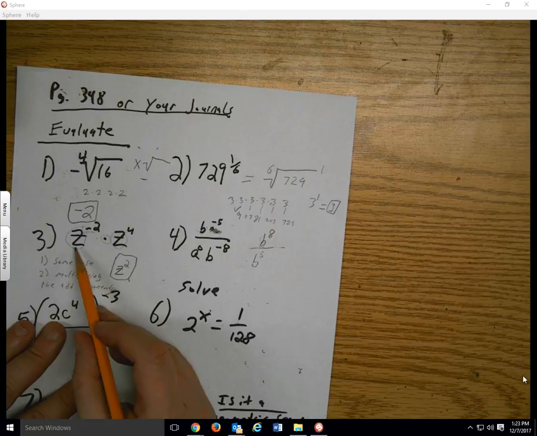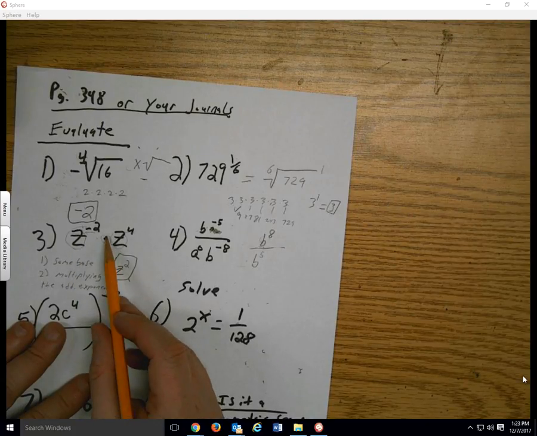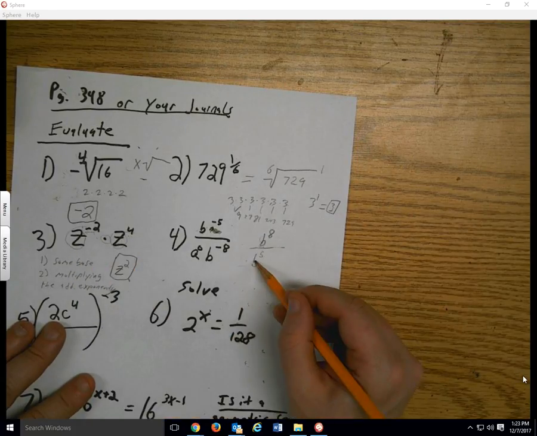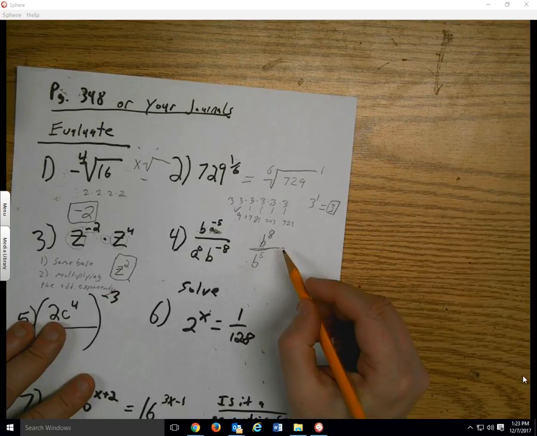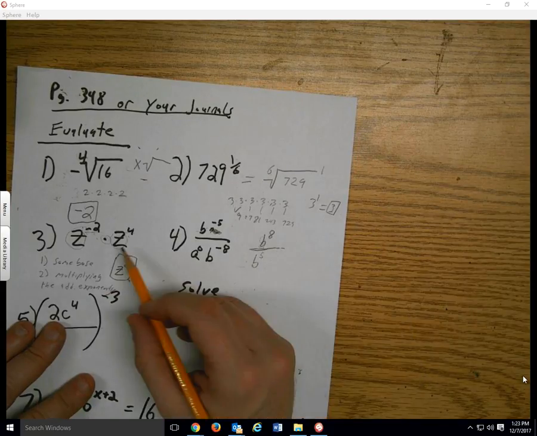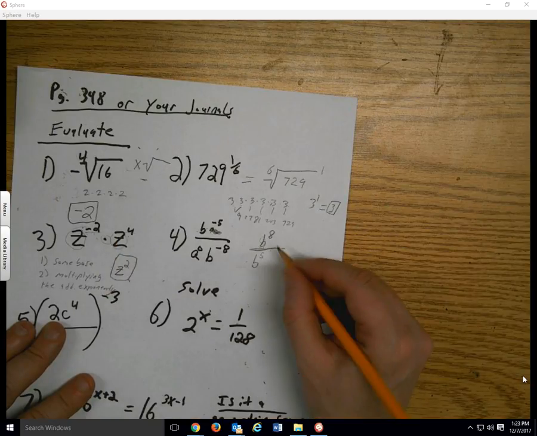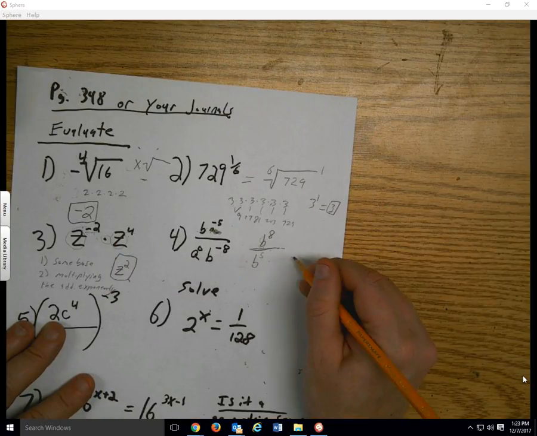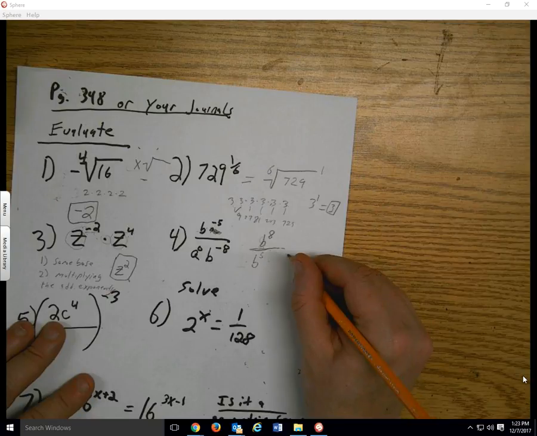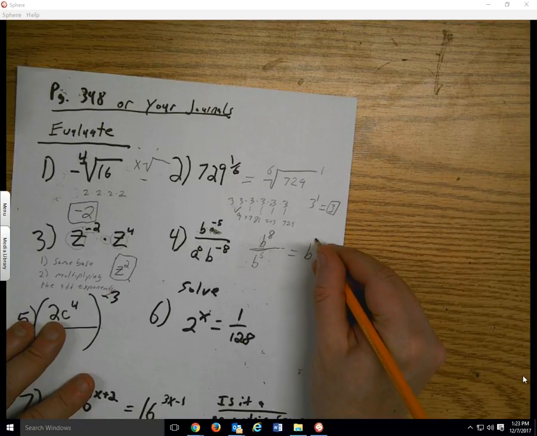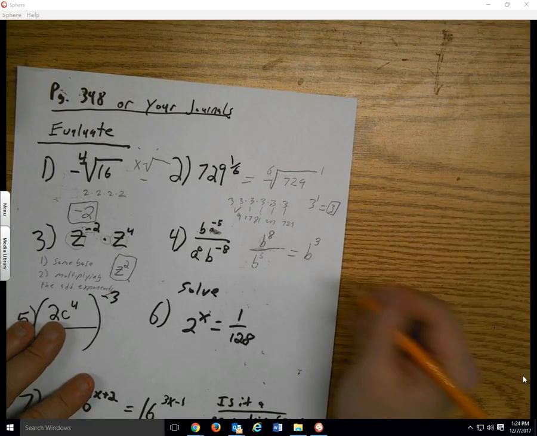Remember, when we had the same base number on this question and we were multiplying, we added. Now we have the same base number and we're dividing. And since the inverse of multiplication is division, the inverse of adding is to subtract. So 8 take away 5 would be 3. So the answer would be b to the 3rd power.